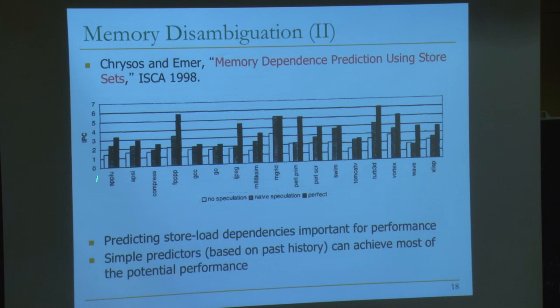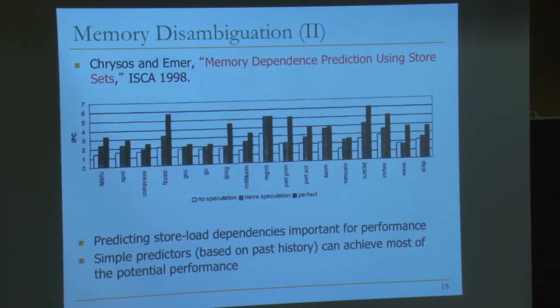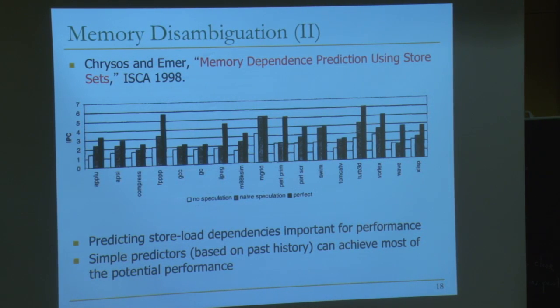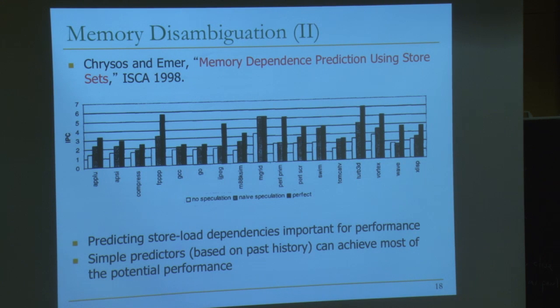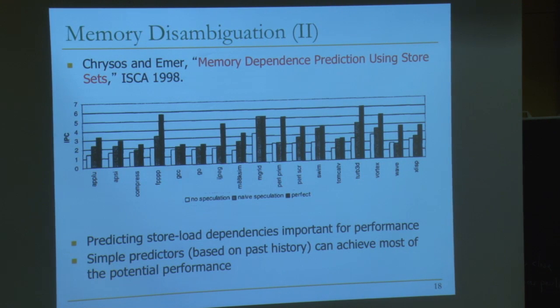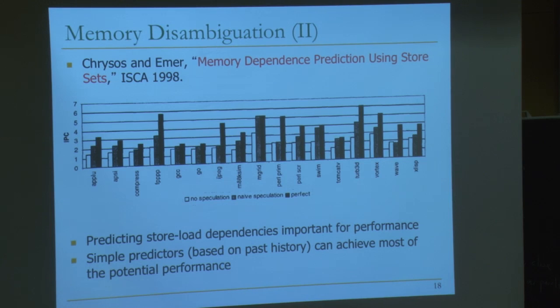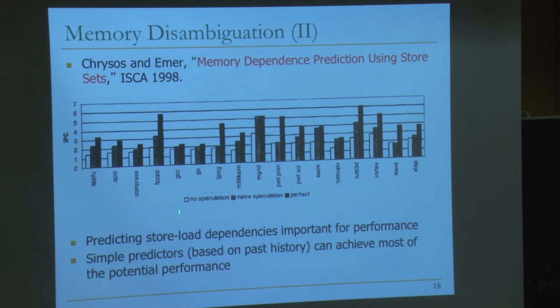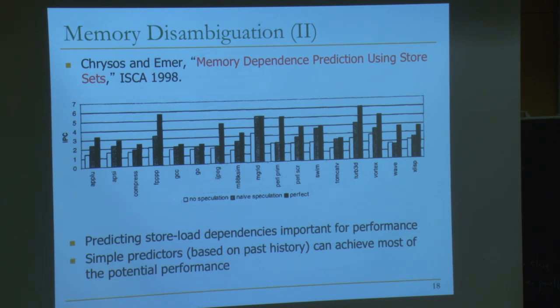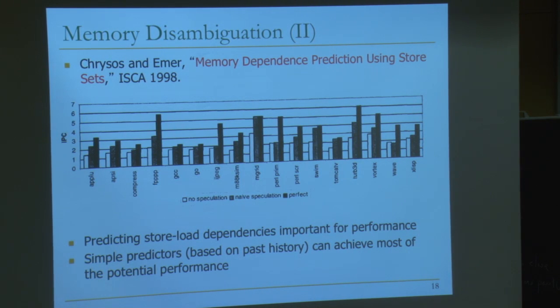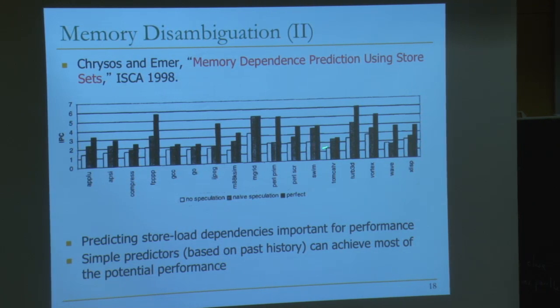And the y-axis is the instructions per cycle performance on an Alpha, I believe it's an Alpha 21364-like machine, which is the next generation of 21264, which never saw the light of day. But this is simulation results. No speculation means this is a conservative approach. You wait until all the store addresses become available before you schedule the load. Low performance.